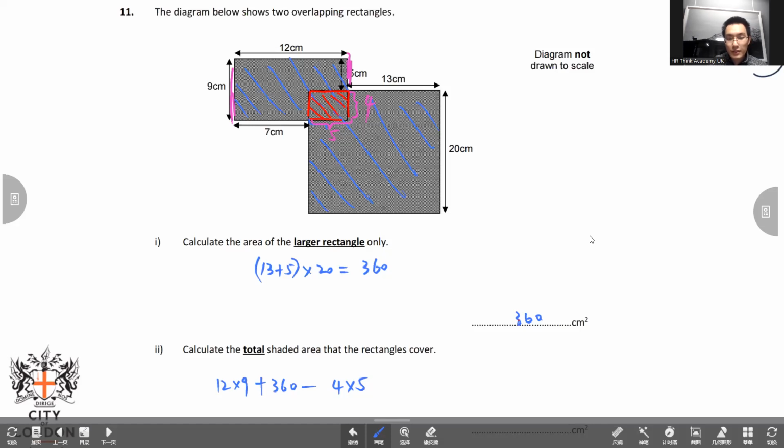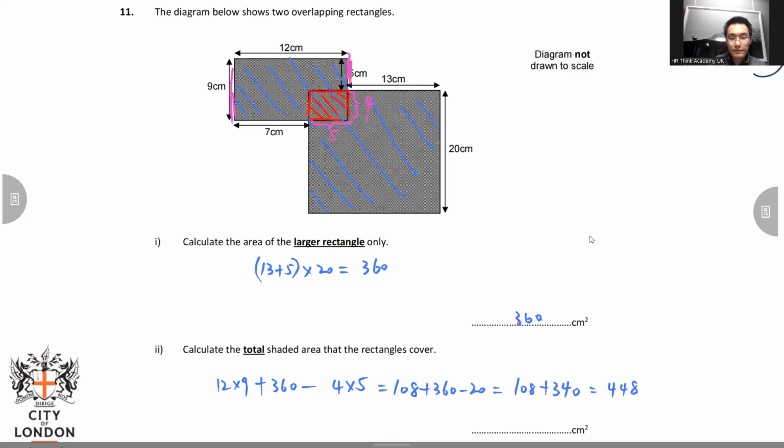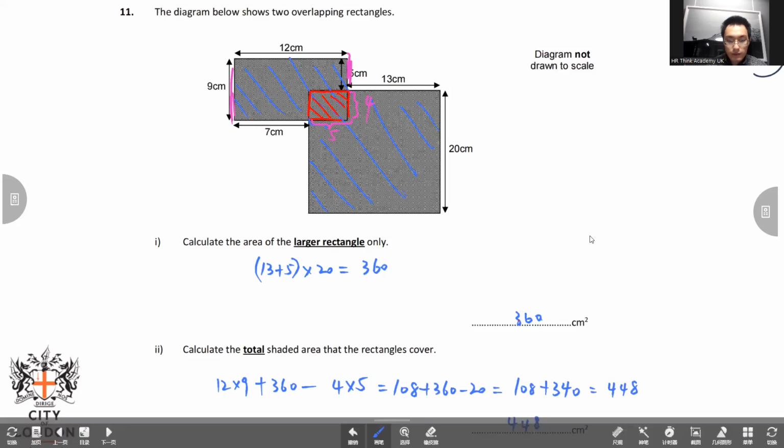And then plus 360 minus 20. So I'll write it down here. 108 plus 360 minus 20. We can do the subtraction first, which will be easier for us to calculate. 108 plus 340, and that will give us 448. There, that's question number 11.